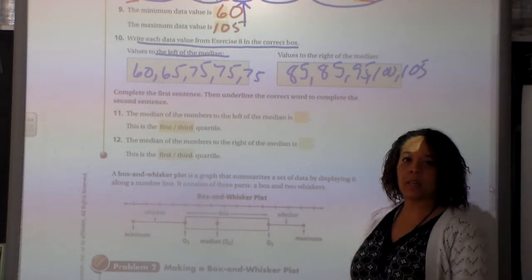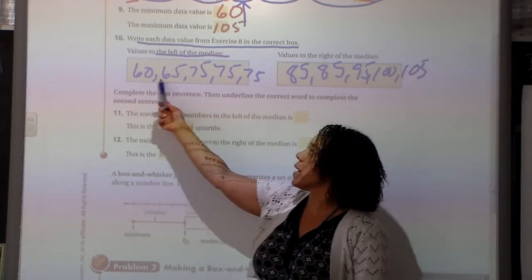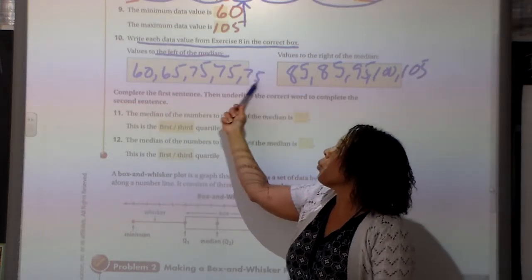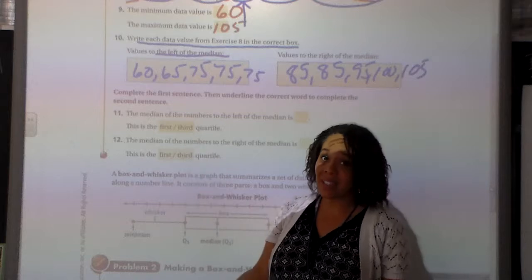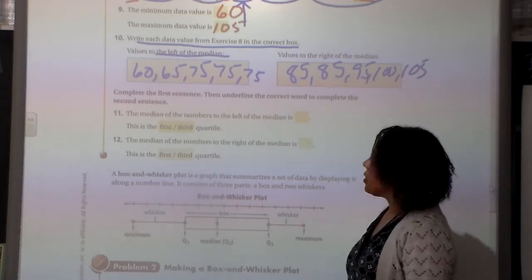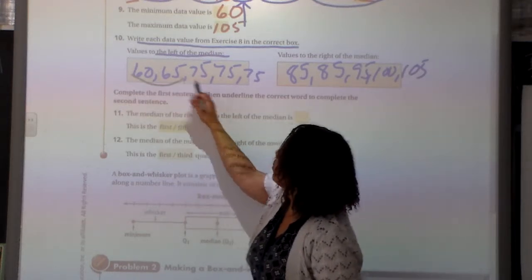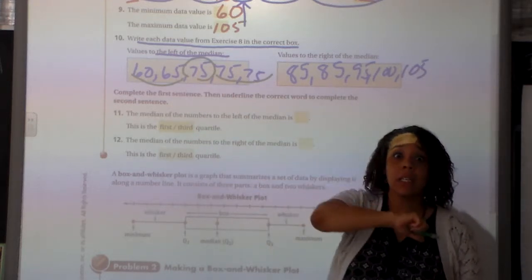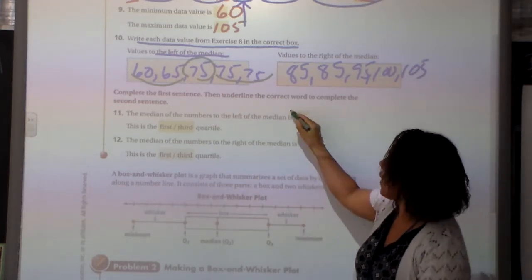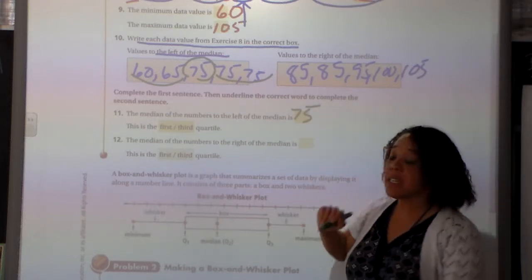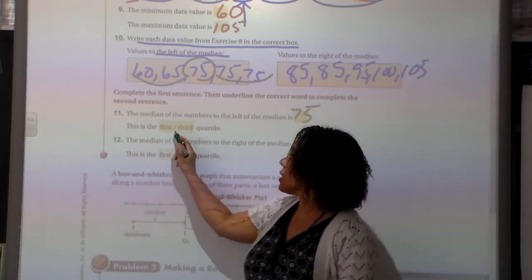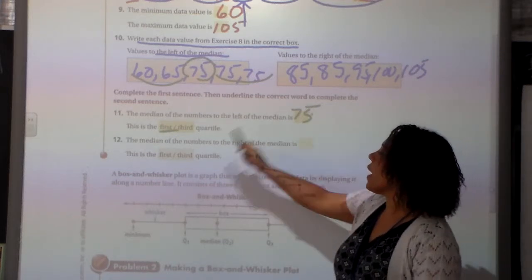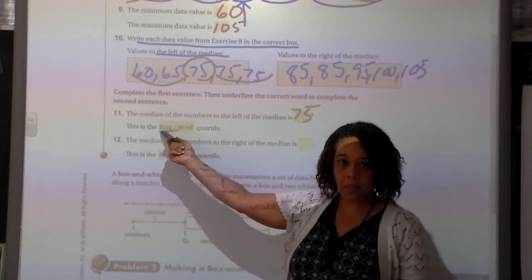What they're asking is, for all these numbers that were on the left of our original median of 85, what is the median of that set of numbers? I do have a smack dab center right there, which is the number 75. This is called the first quartile, so I'm going to underline the word first. 75 is our first quartile.